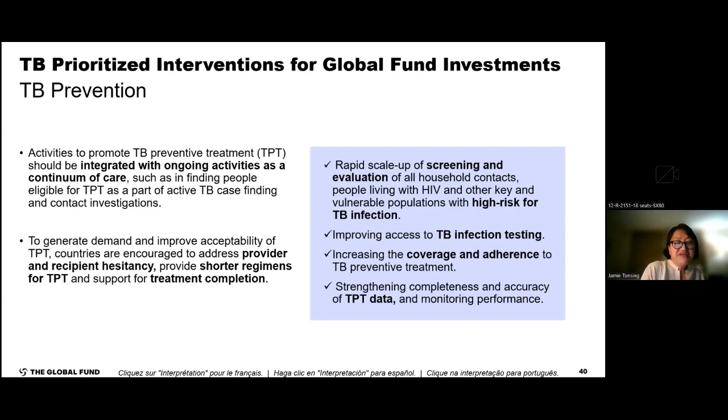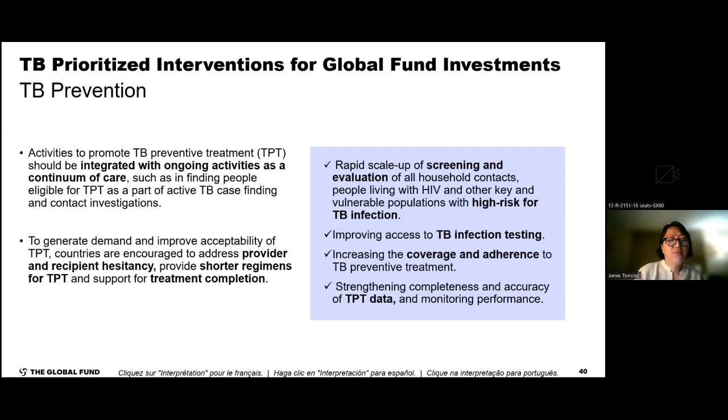There is an issue with TPT because in many instances, we are promoting medicines to people who are not sick, but to prevent those who have infection from falling sick with TB. So sometimes we face hesitancy from the provider side, but also from people who are beneficiaries of that. We need to address those.